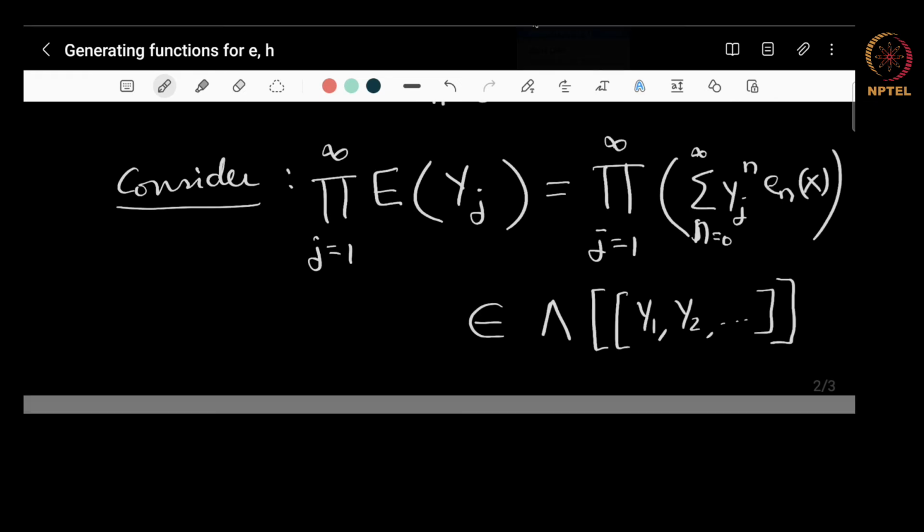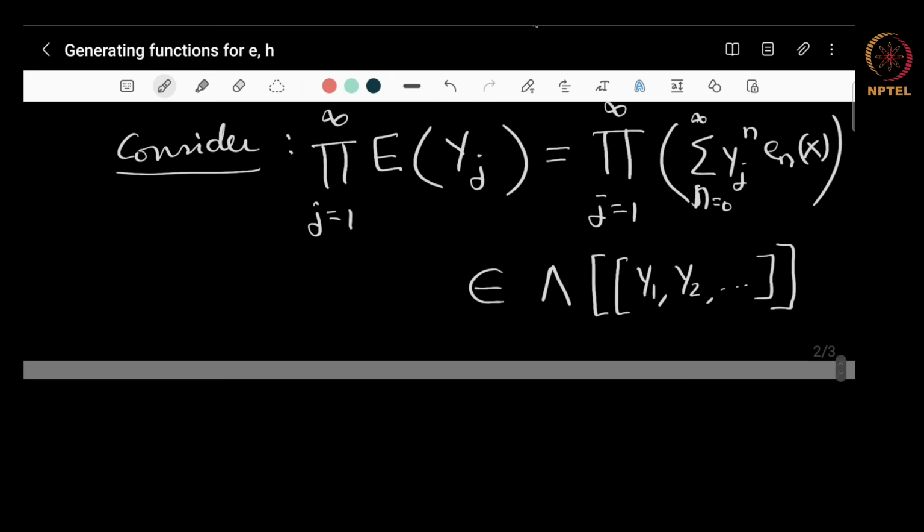So we think of it as a power series in the variables y1, y2, and so on, with coefficients coming from the symmetric functions. And again, if you ask what's the coefficient of a certain monomial, y1 power something, y2 power something, and so on, then it's just a product of the corresponding ej's.